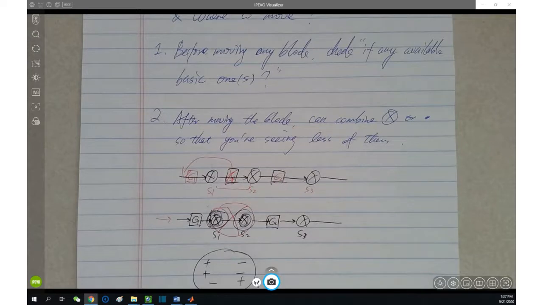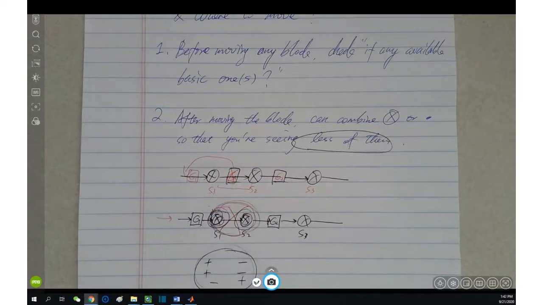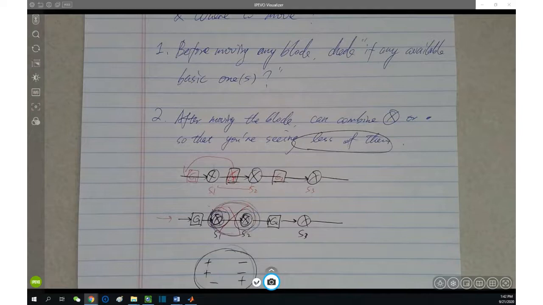It won't affect any result. It's equivalent. So after this, you can combine these two summing junctions. It becomes one single summing junction. This is nothing but reducing the number of summing junctions. So this is the idea.